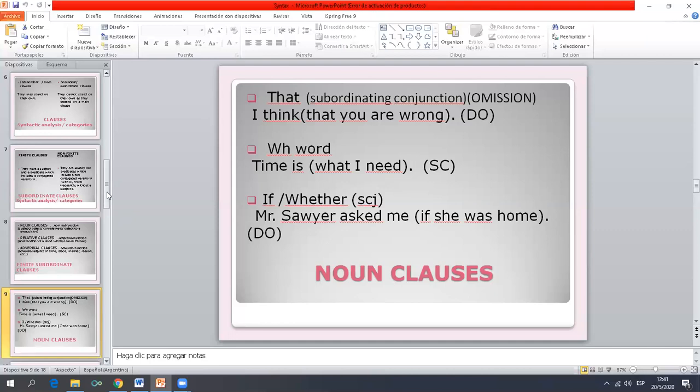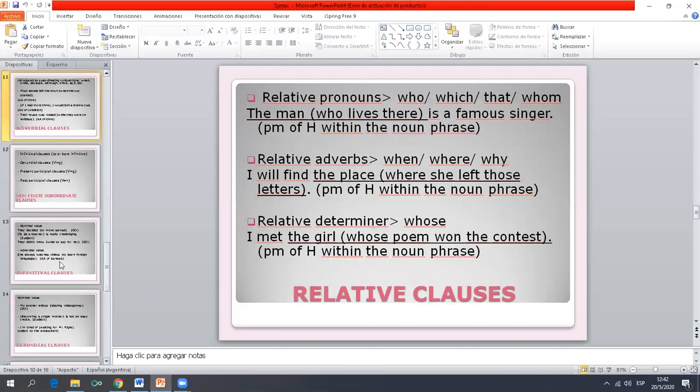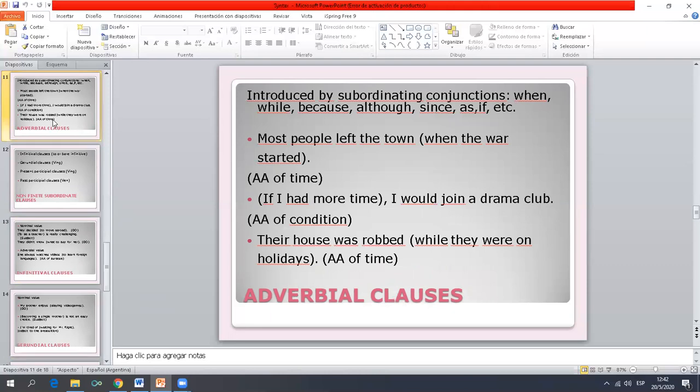And I suggested you worked on a short text in a forum, which was not very popular, let me admit. And so the idea this week is to concentrate not on relative clauses, but on adverbial clauses.